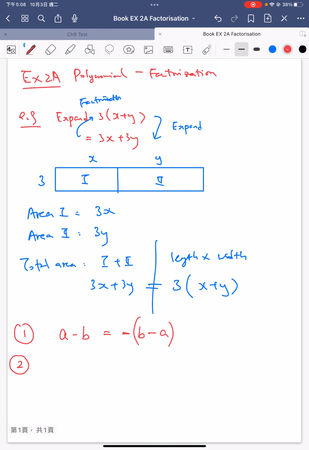For example, if we have minus a minus b, you can't just give a bracket like this. What you do is add a bracket after the negative, then change the inner signs. Remembering these two things is very useful for doing the exercise.